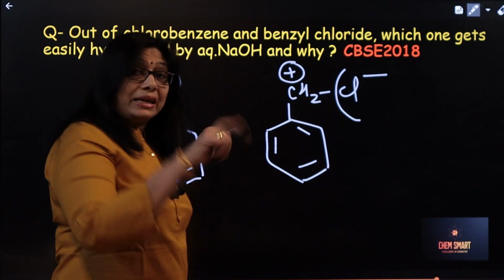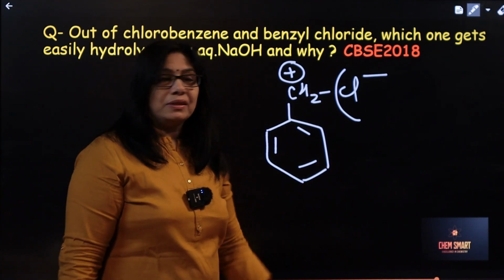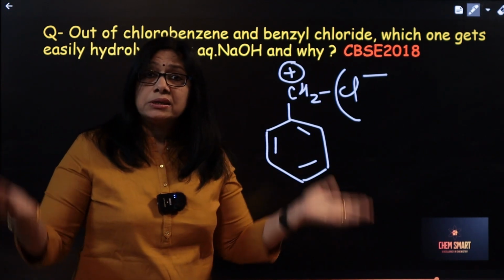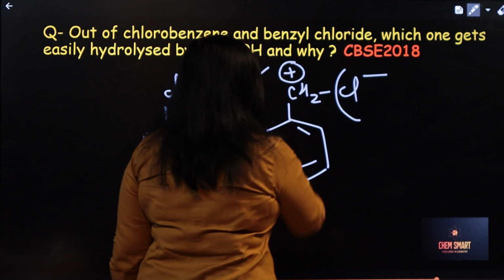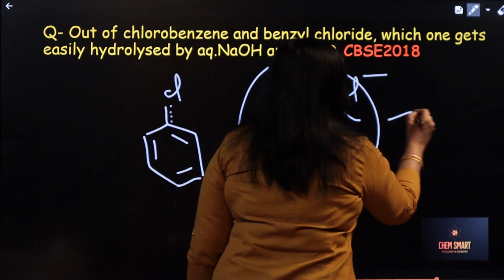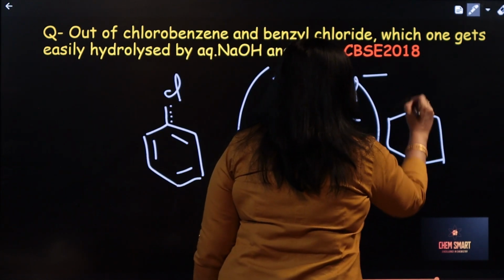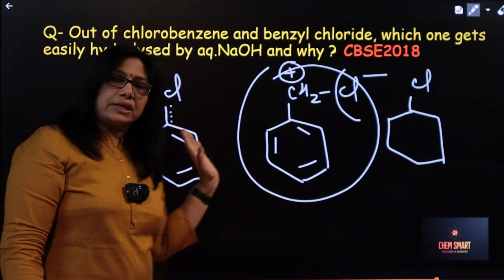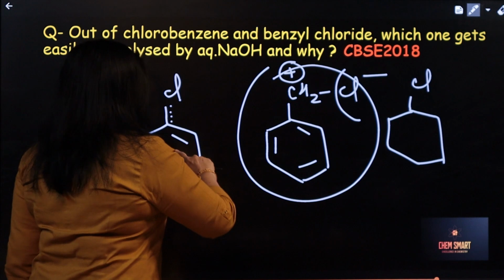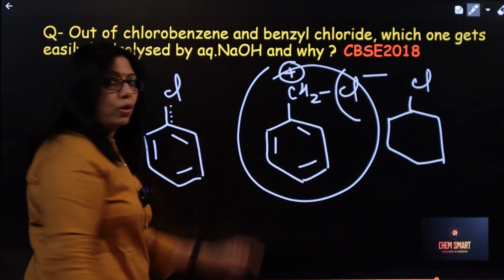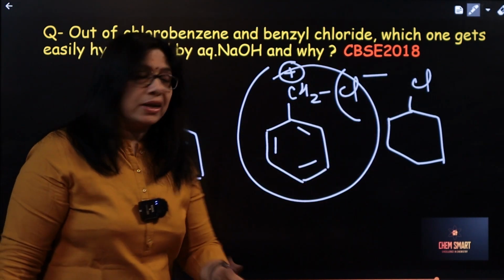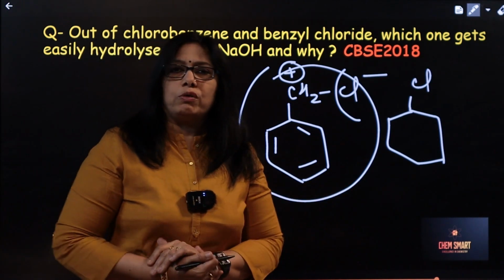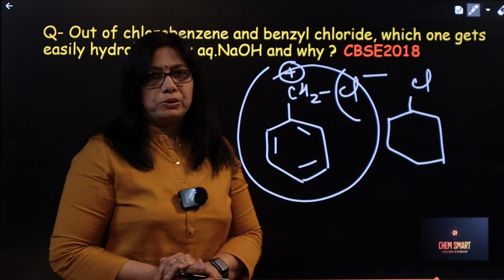Okay. And in another year, the same chlorobenzene was clubbed with cyclohexyl chloride. Means instead of benzyl chloride, they have given cyclohexyl chloride in the paper, but the other party in the comparison was the same chlorobenzene. So if you compare these two, again the same thing. Always remember and register, whenever chlorobenzene is there in the pair, it is not easy for chlorobenzene to undergo nucleophilic substitution.